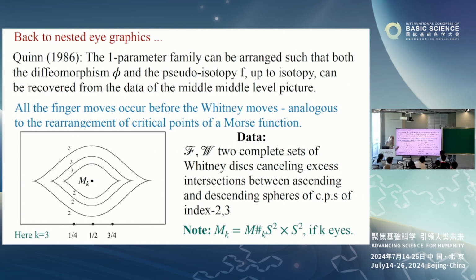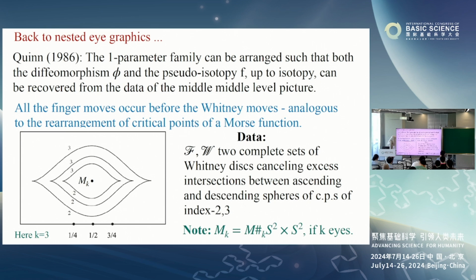But this one 4-dimensional manifold, together with some other bits of data, determines all the information. And the bits of data is simply, for this manifold, you're looking at the ascending spheres, 2 handles, descending spheres, 3 handles, lots of intersections. But the data is simply 2 sets of complete Whitney disks.